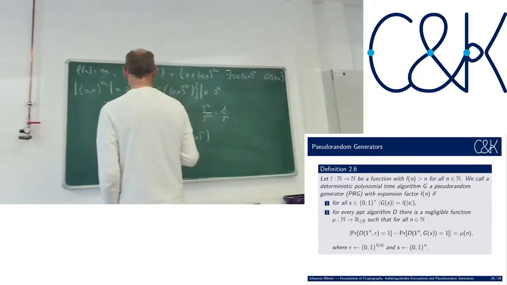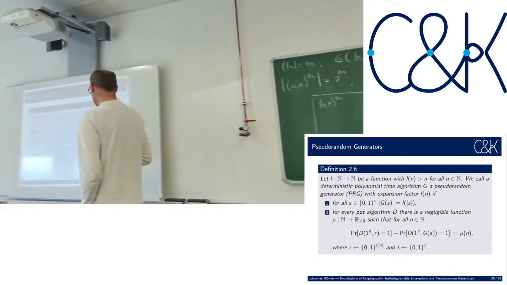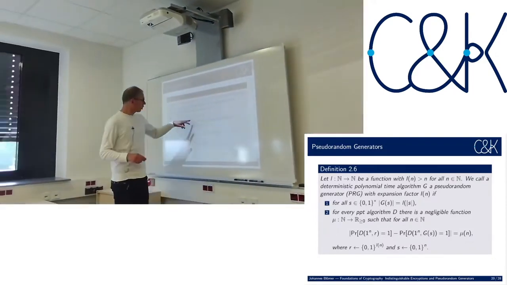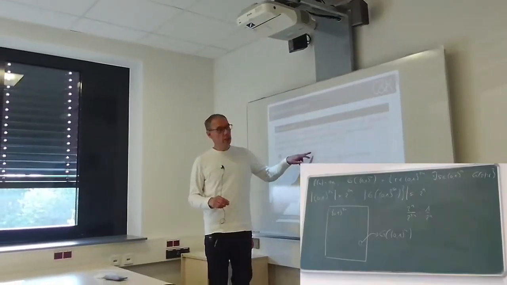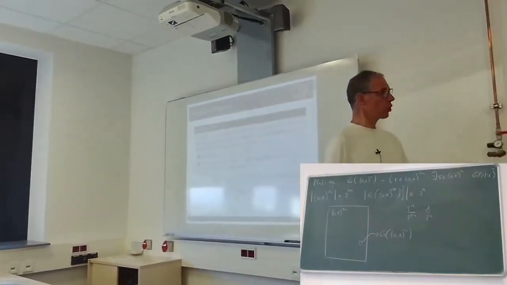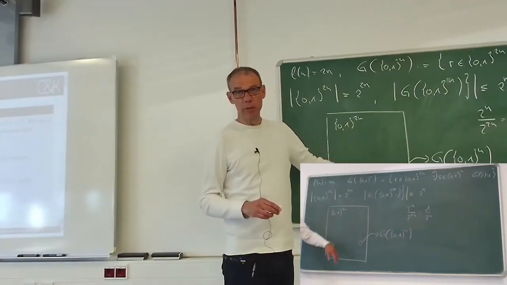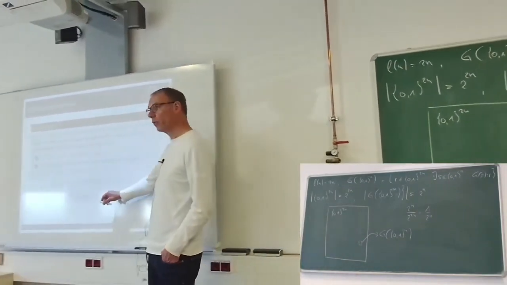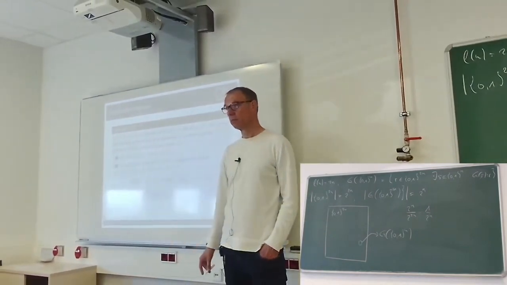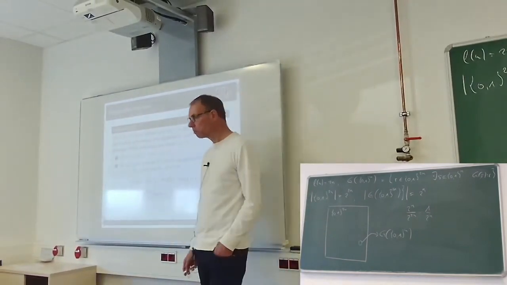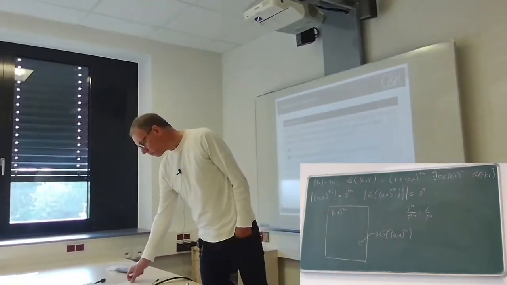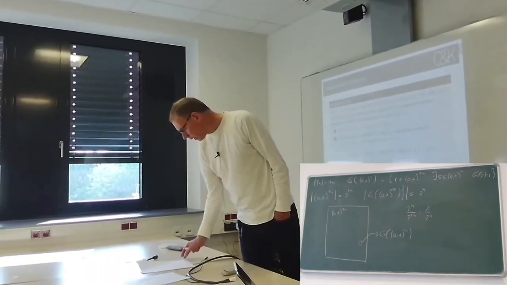What I often also say is that this G induces a distribution on this set here. It induces one by picking S uniformly at random, then applying G of S. So this is what we have here.